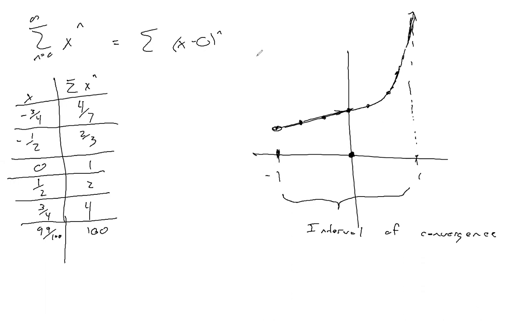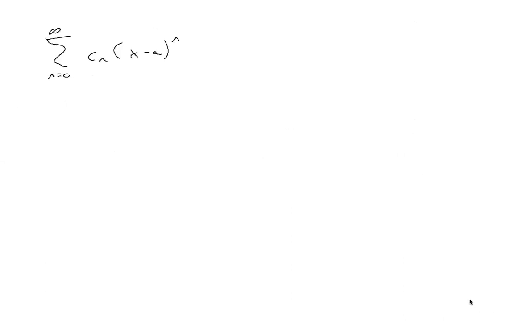And how big can this interval of convergence be? Well, it turns out there are 3 possibilities. Let's say this is my number line, and this is the general form of my power series. So here's my a.